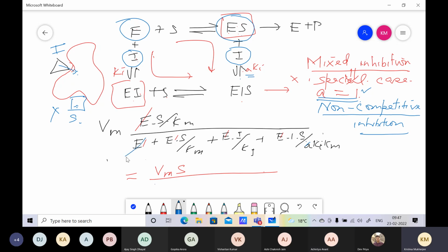So we get Km plus S plus S upon Km plus I upon Ki plus Km I upon Ki plus S I upon Ki.